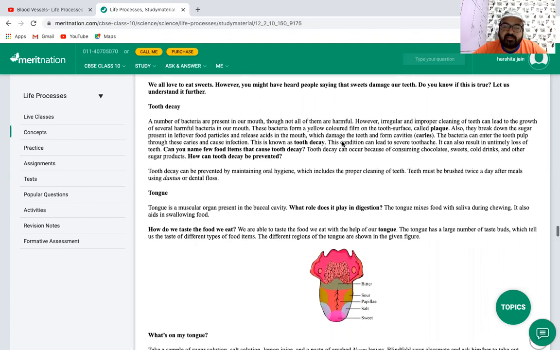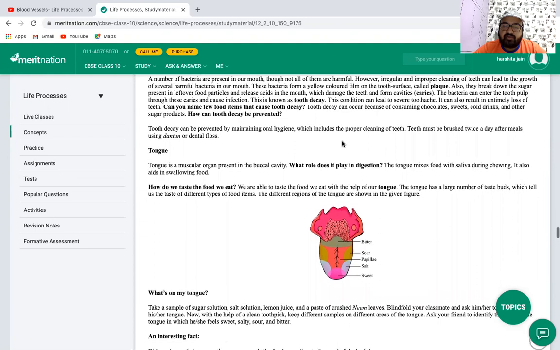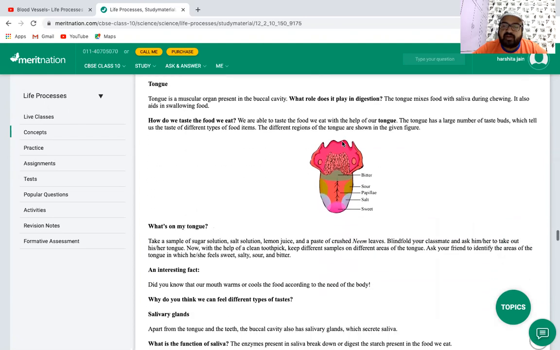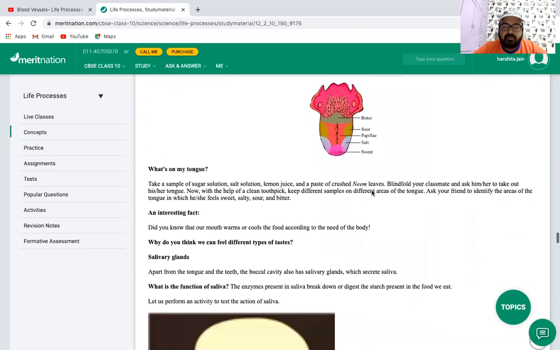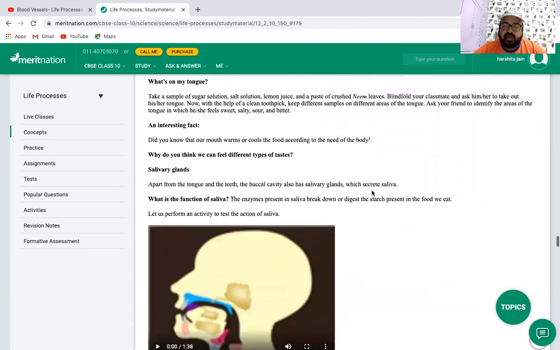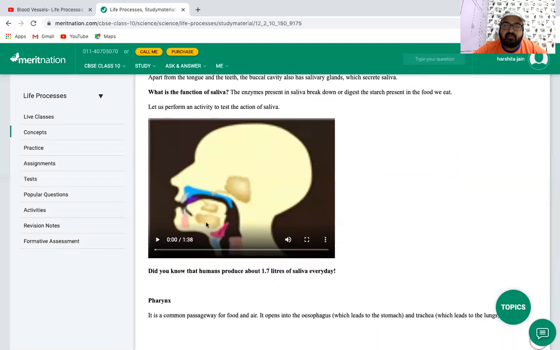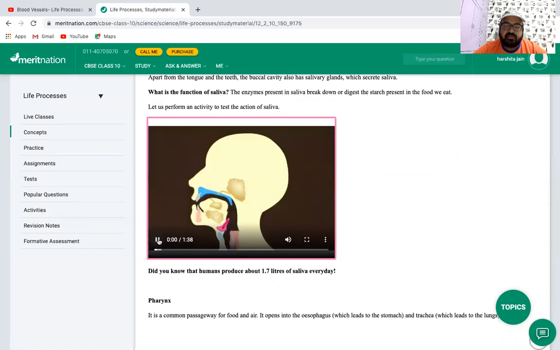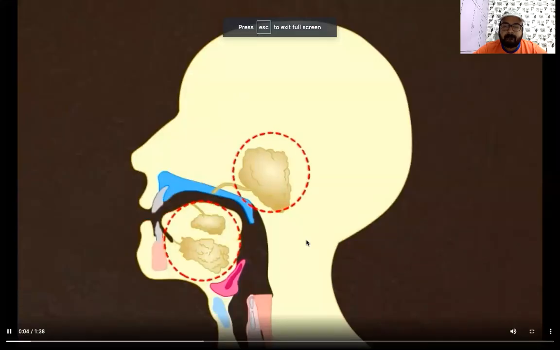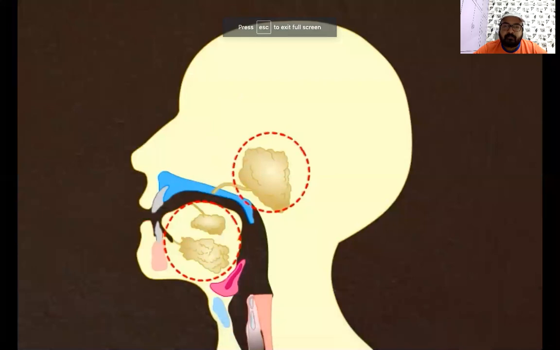Okay. We all know that our tongue has got different regions, right? Now, salivary glands, we know the functions of salivary glands and how they work. In the buccal cavity, we have glands which are known as salivary glands, and as the name suggests, they secrete saliva.